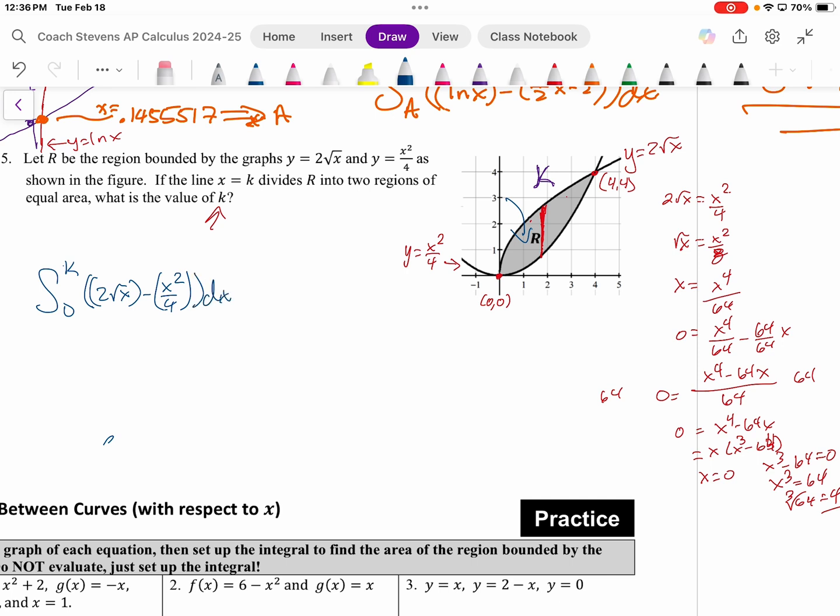And then I get to set that equal to the integral from k to 4. Did we change top and bottom? No, they still stay the same. Sweet, that makes it a little bit easier.